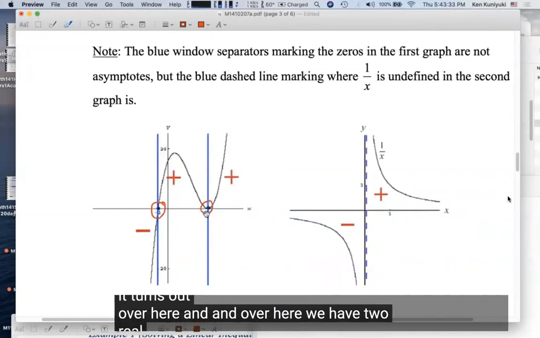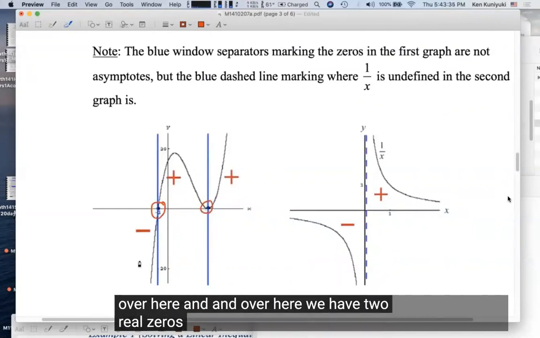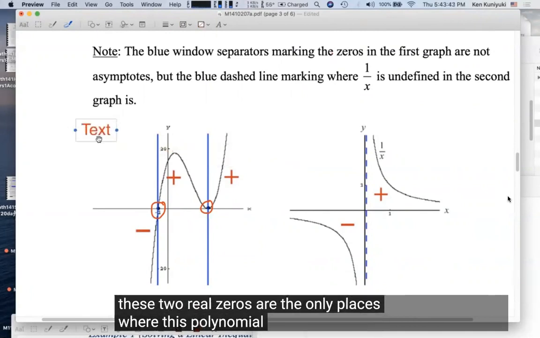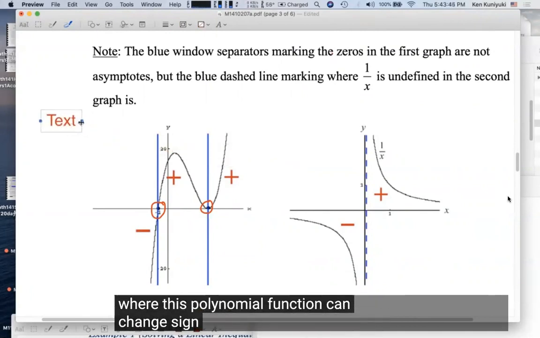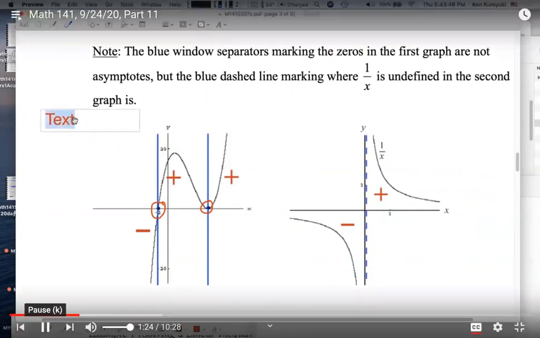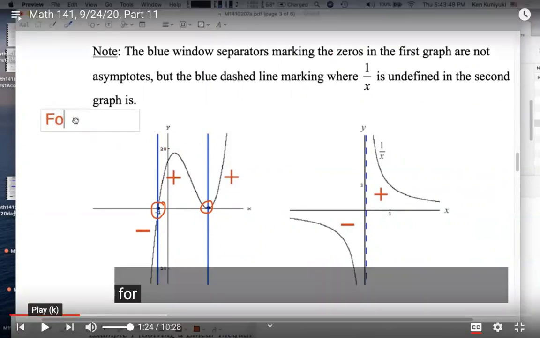We have two real zeros. These two real zeros are the only places where this polynomial function can change sign. Okay. By the way, I should have said two distinct real zeros, because you do have like a double zero over here.